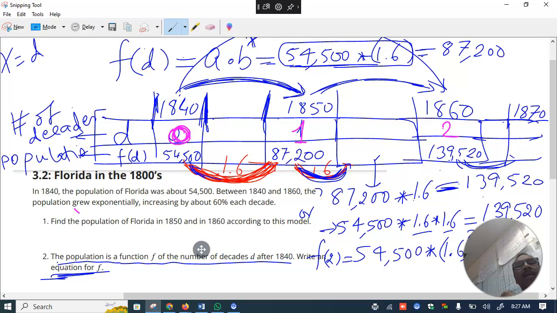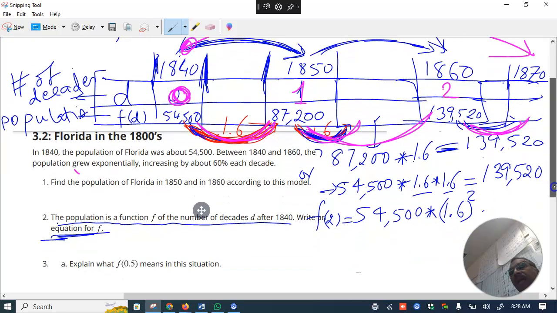So altogether there will be three of them, 1.6 raised to 3, and eventually you get an exponential function.